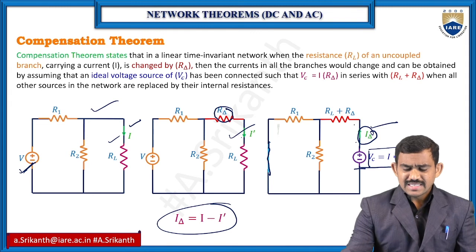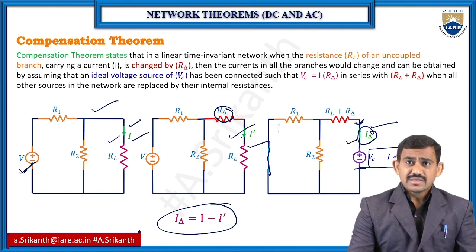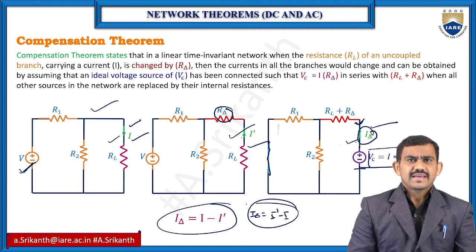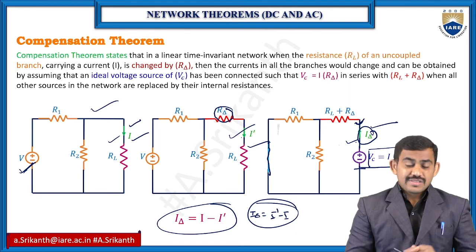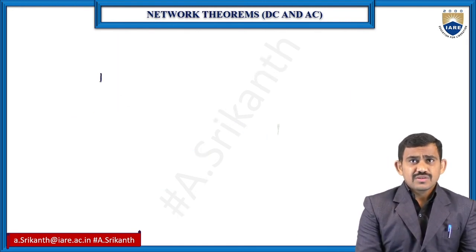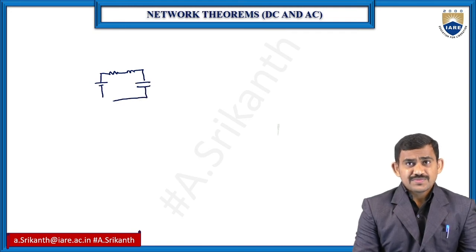Otherwise, if the direction is downwards, same, this is also downwards, this direction also downwards, then I delta is equal to I dash minus I. Okay, you can use any direction. So this is about the compensation theorem. For any theorem, first of all, we need to get the circuit, AC or DC, no problem for that. We need to know the procedure.